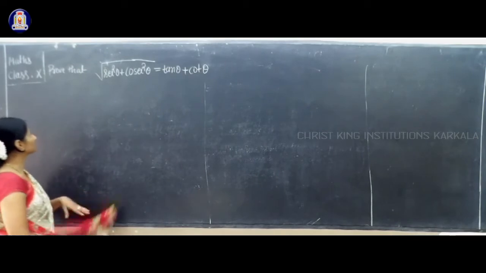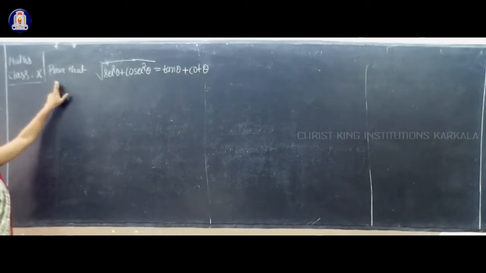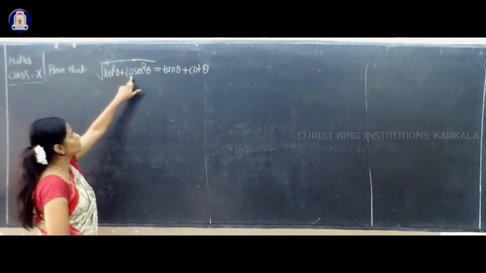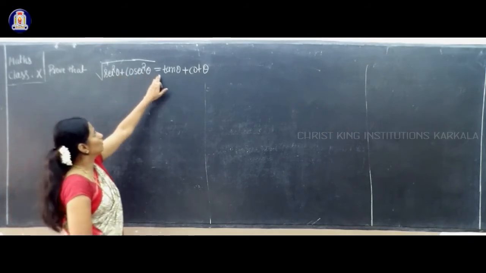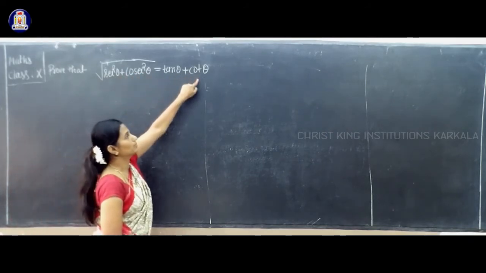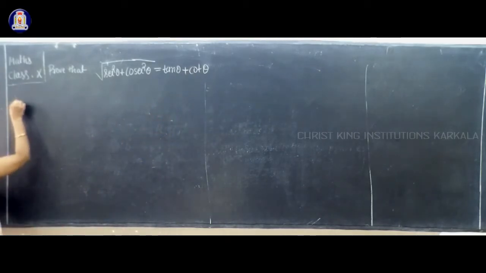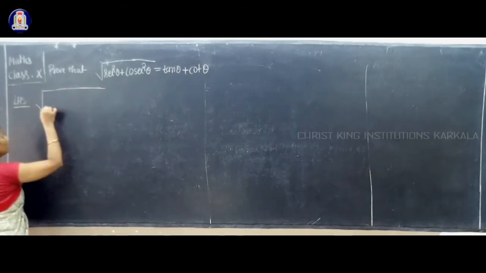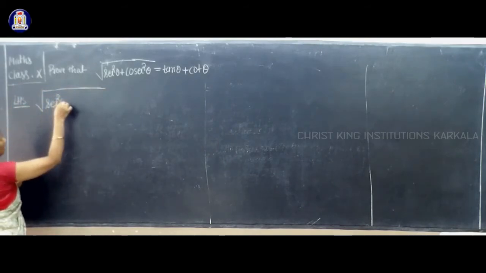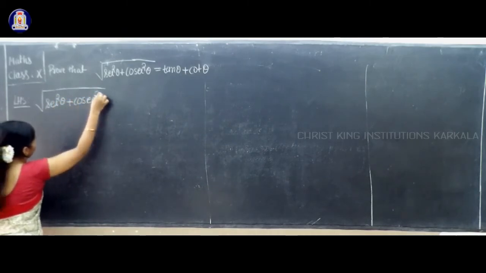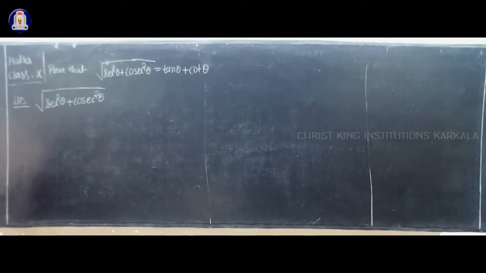Next question. Prove that square root of secant square theta plus cosecant square theta is equal to tan theta plus cot theta. So now what is our LHS side? LHS side: square root of secant square theta plus cosecant square theta.